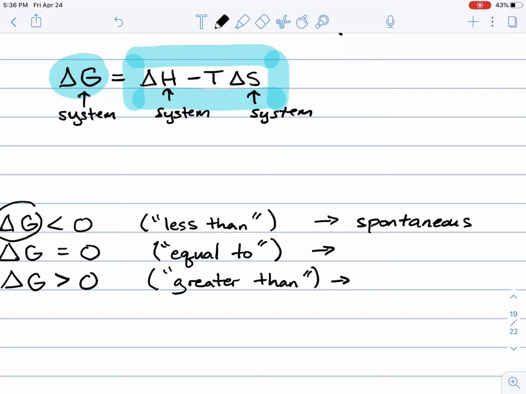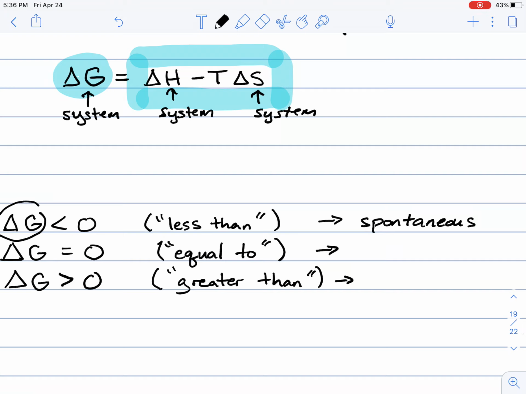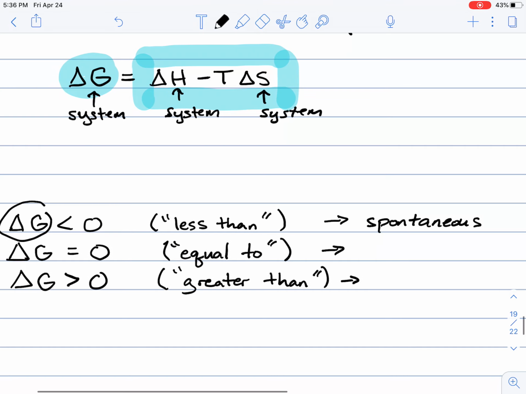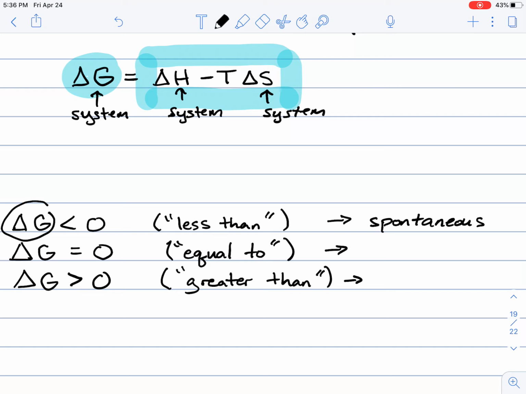Now, it doesn't tell us if the forward or reverse reaction is spontaneous. That comes from the perspective of the problem or what you're doing. It's just simply telling us that if you calculated the change in enthalpy and the change in entropy in the forward direction, then the change in Gibbs free energy is referring to the forward direction.